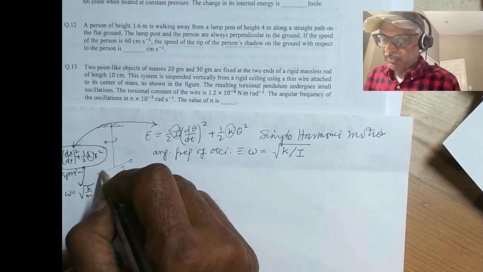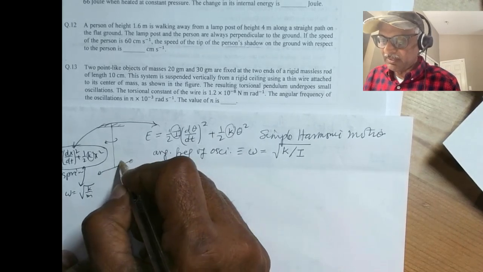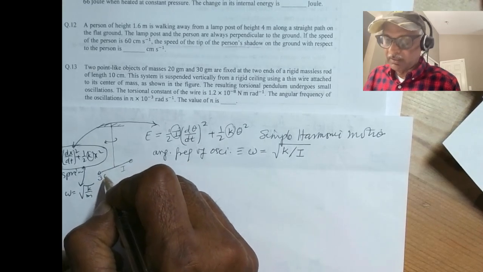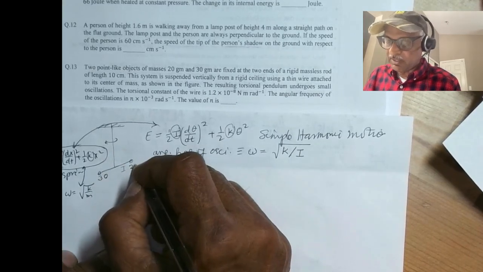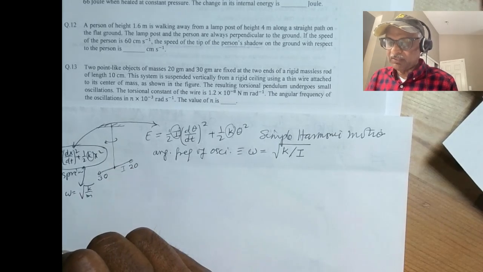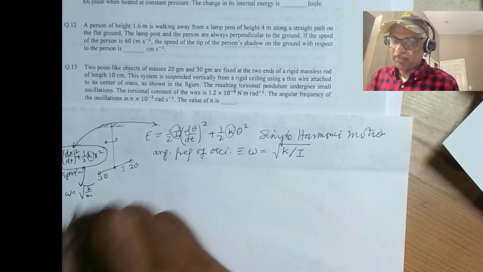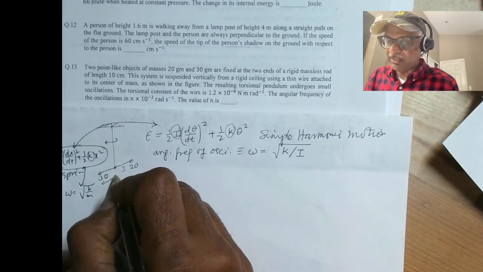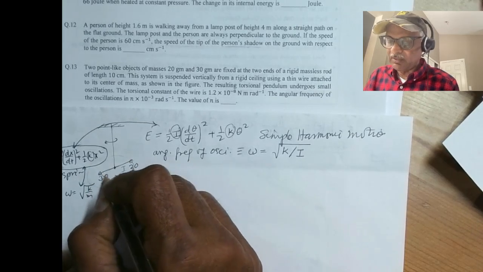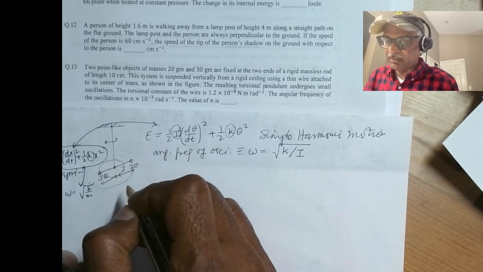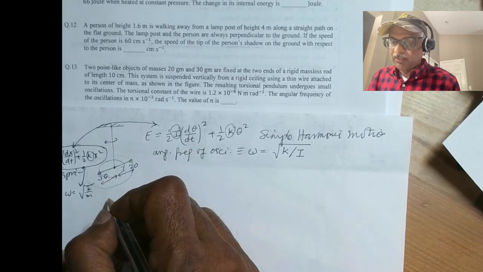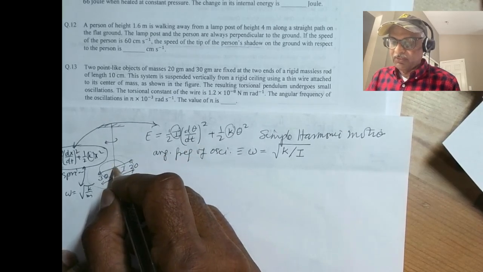So if this is 30 gram and this is 20 gram, then this point being the center of mass, you have to figure out what this distance is and what this distance is, because this one is going in this circle and this one is going in this circle. So you can find the center of mass.